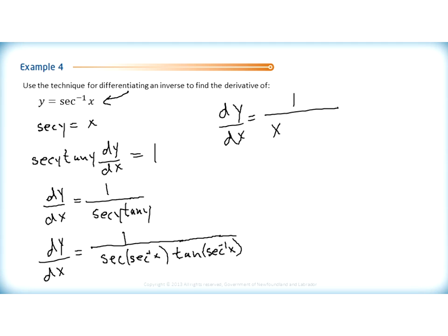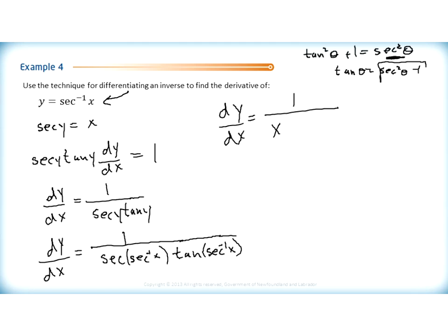For the tan function, let's remember the identity we had for tan: tan squared theta plus 1 is equal to secant squared theta. This time I'm trying to replace the tan, so tan theta is the square root of secant squared theta minus 1.